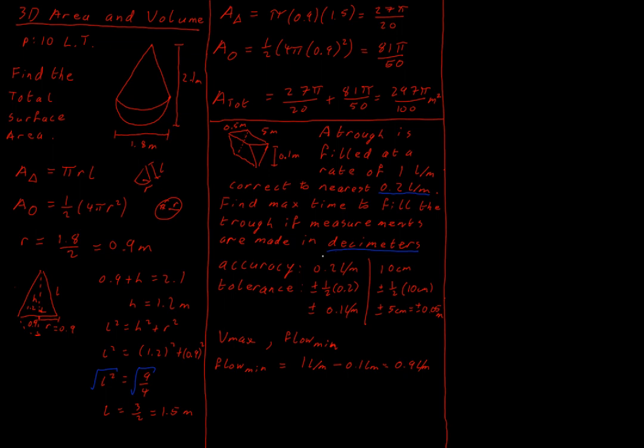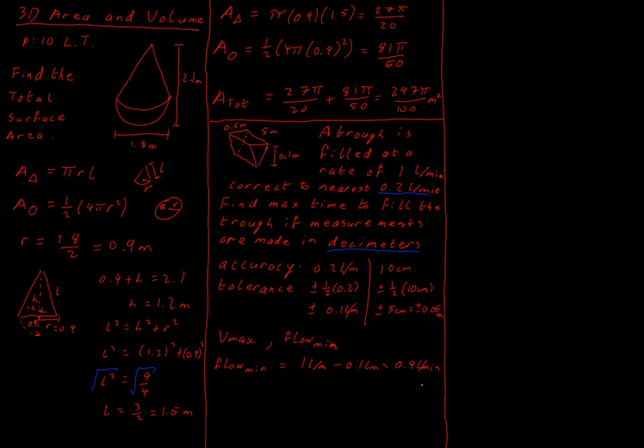But we know that we want to work in meters in this case. So a liter is a measurement of volume, but it's not a particularly convenient measure of volume. Call that min. So we want to have our flow rate in meters cubed so that we are dealing with everything in the same units.